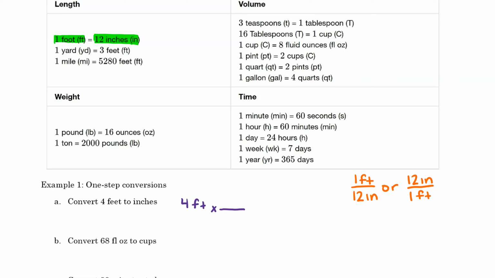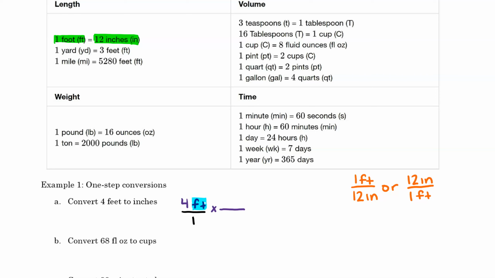How do you know? Well, you see here we have feet, and that's technically the top of a fraction, right? Like technically there's a 1 under it. So in order to cancel, we need feet on both top and bottom.